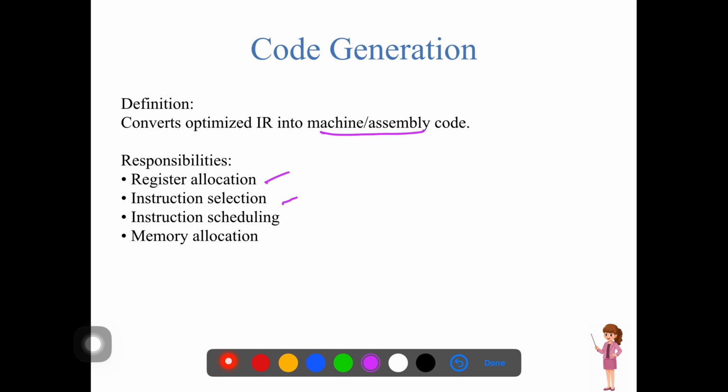Instruction selection chooses the best machine instructions. Instruction scheduling arranges the instruction order for better performance. Memory allocation manages the storage locations. The output is executable machine code. Let's move to the next slide.